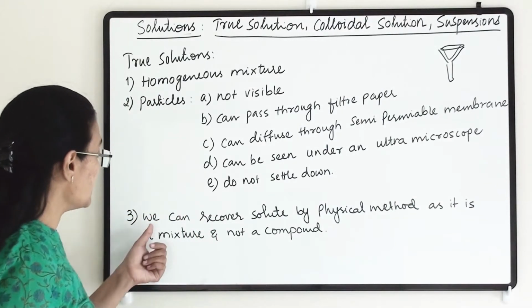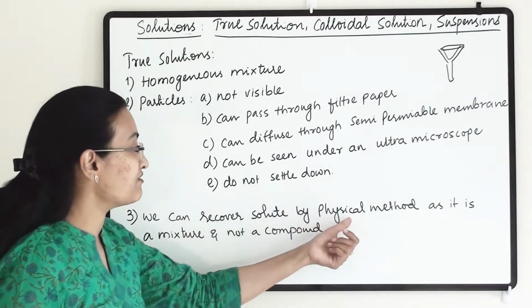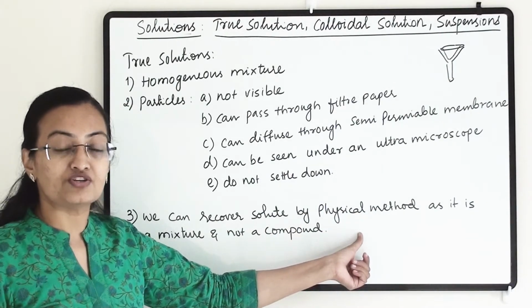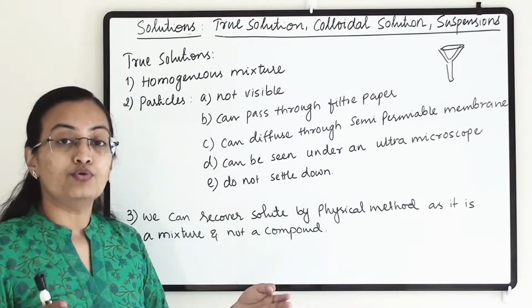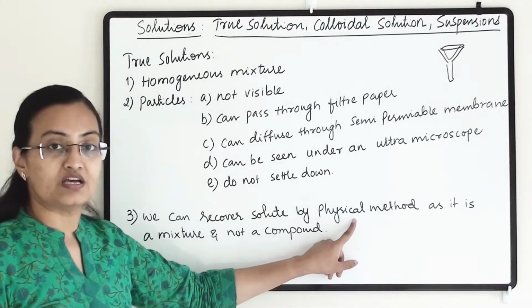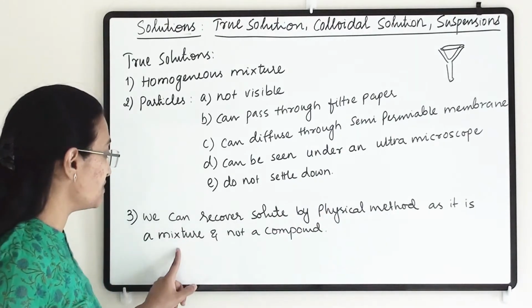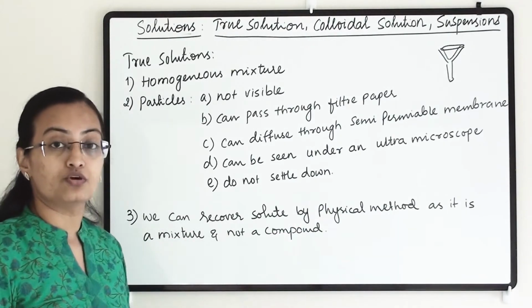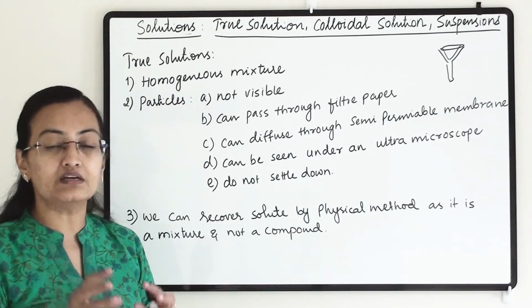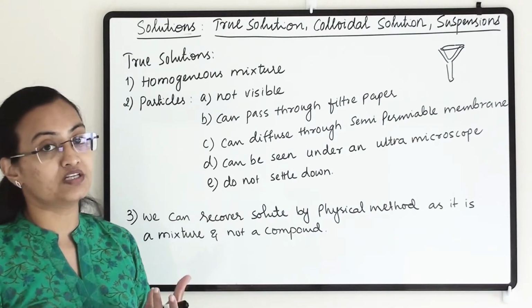And third is that we can recover the solute by a physical method. Physical method means evaporation. Evaporation means we are not doing any chemical reaction on the solution. So that is termed a physical method, as it is a mixture and not a compound. A solution is just a mixture where we are physically mixing two ingredients, one a solute and one a solvent.